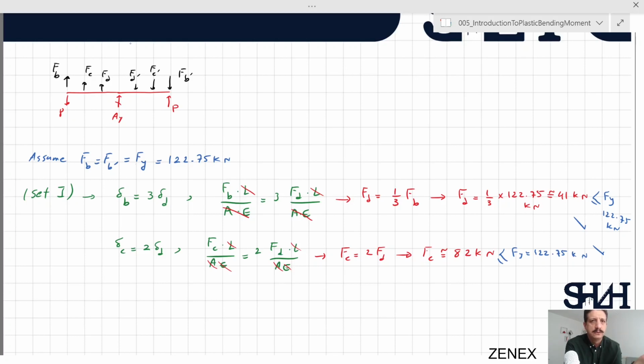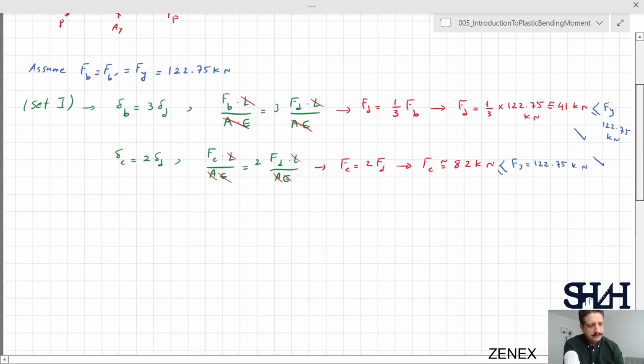So you don't need to assume something else. But for example, if you have different material, different length, different yielding force, perhaps it would affect your calculation. You assume that FB is plastic first, and then here you can see that FD is greater than the yielding point, but it's not the scope of this example. Let's move on. This is valid, and we can go to the next phase.